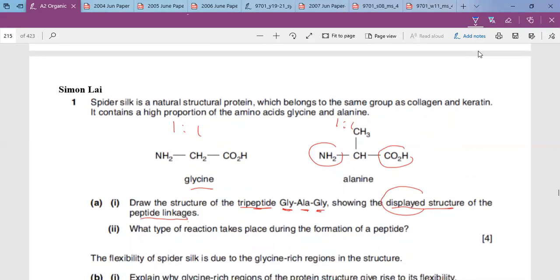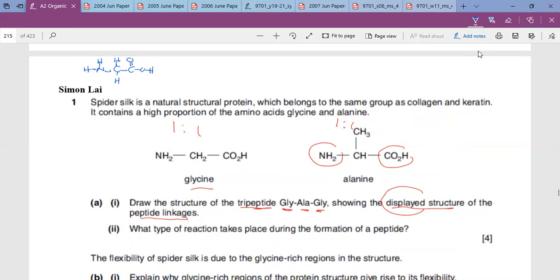It's good, as I said, if you were to draw the displayed formula. Some of you are not so clever in these structural formulas, so draw like that, you get a mark. But you're clever, is it? You know your stuff, is it? So why do you let them penalize you for nothing?